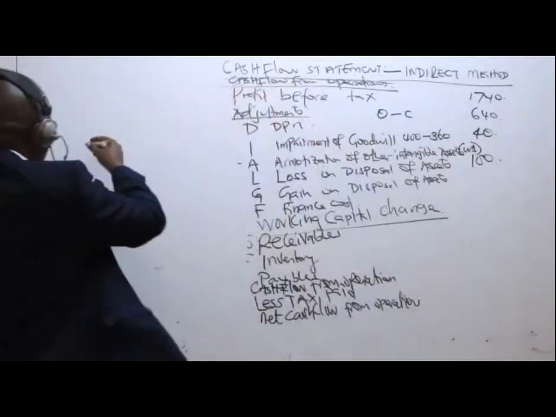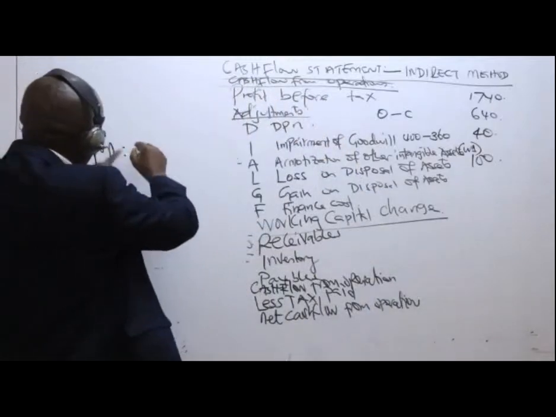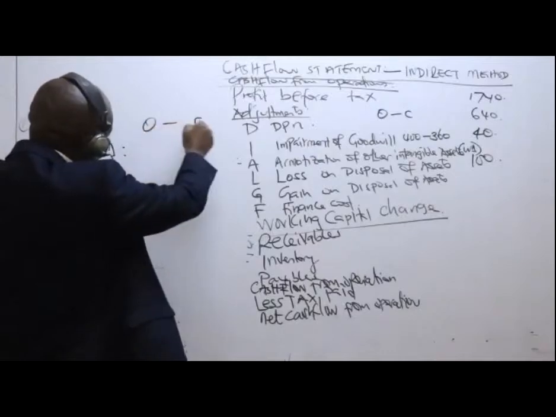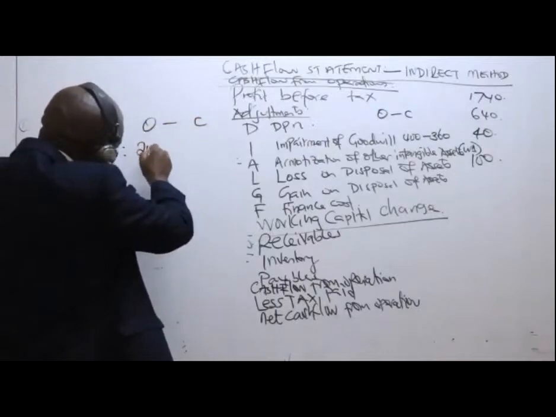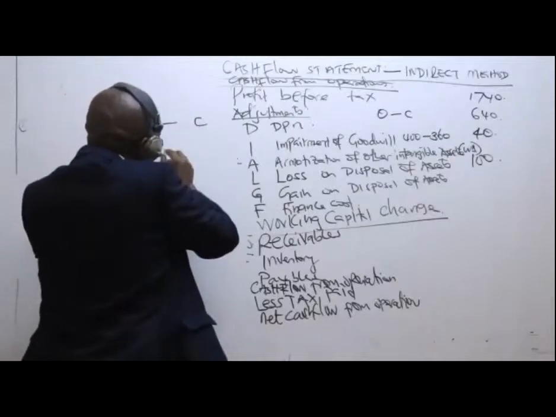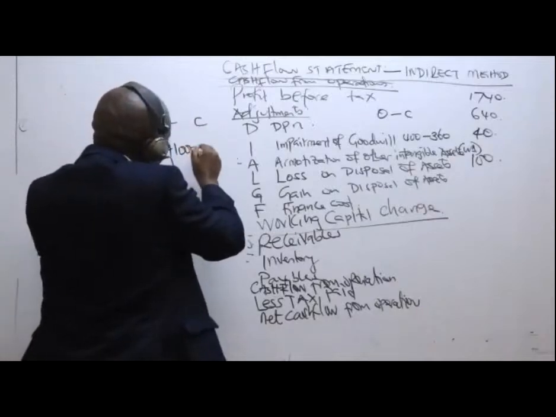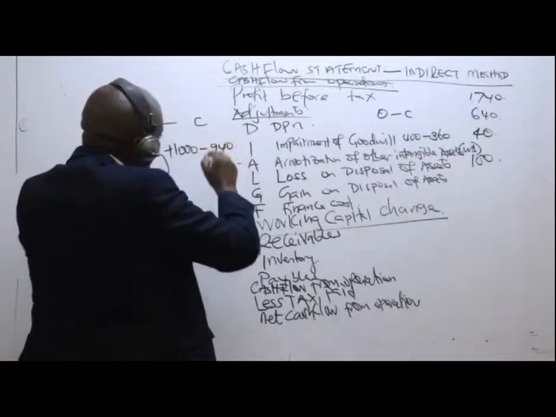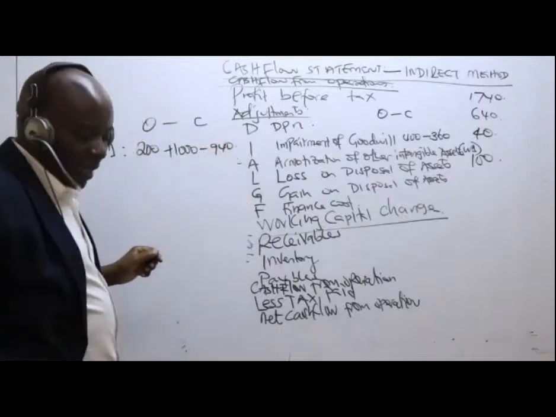I know it's always opening minus closing, and we opened at 200. But before we go to closing, there was an acquisition in between, so plus 1,000 minus closing, which is 940.